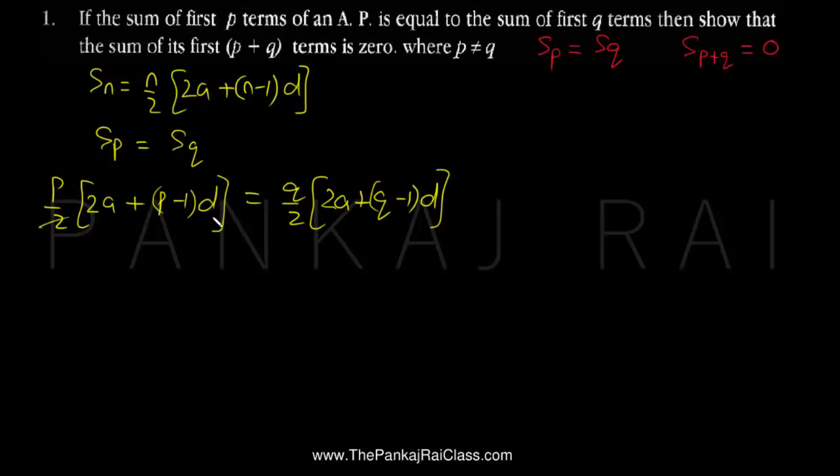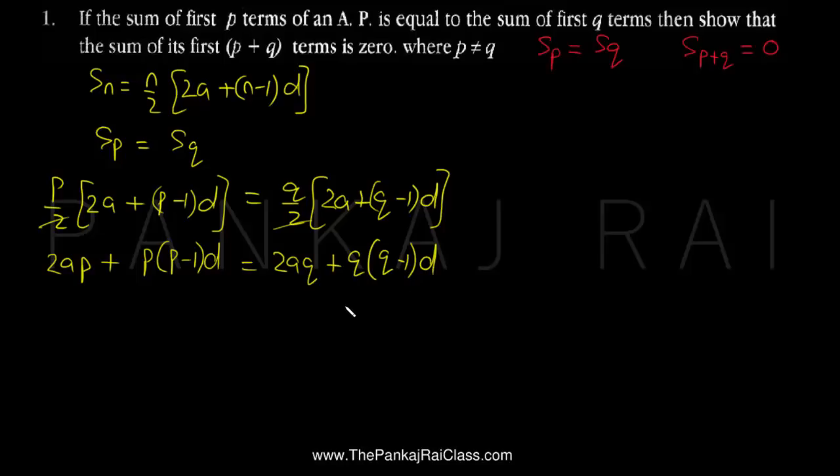Now this 2 and 2 will get cancelled. Let us open the bracket. So it will be 2ap plus p times (p minus 1) d is equal to 2aq plus q times (q minus 1) times d.